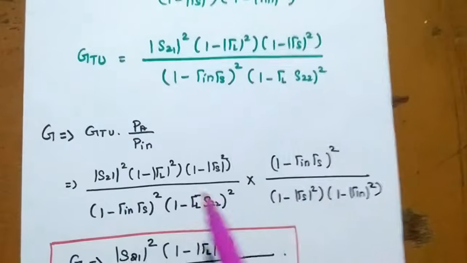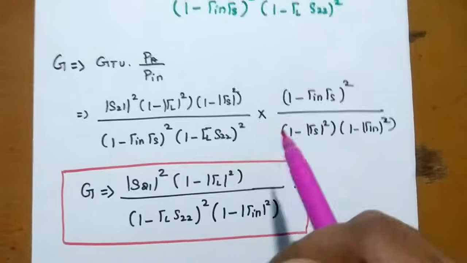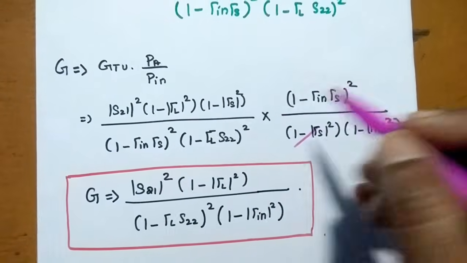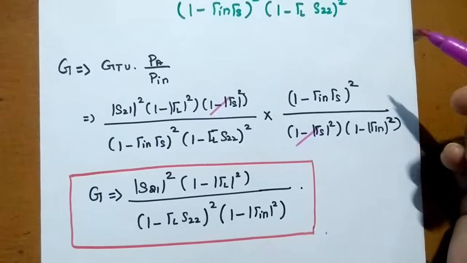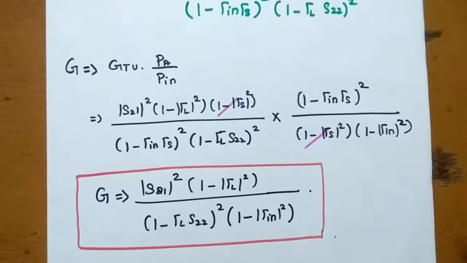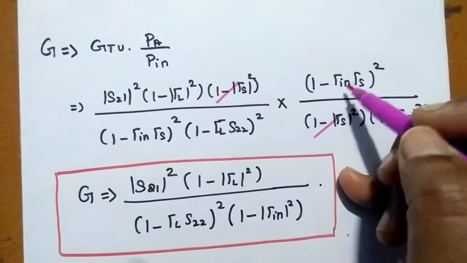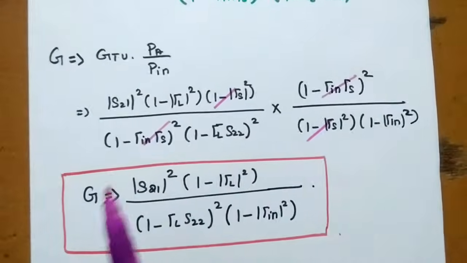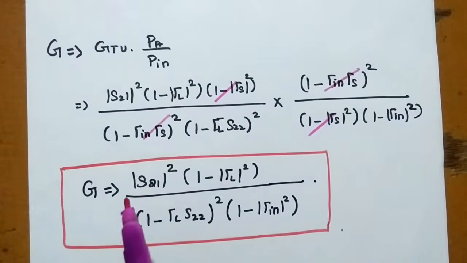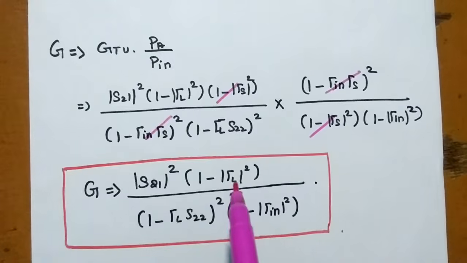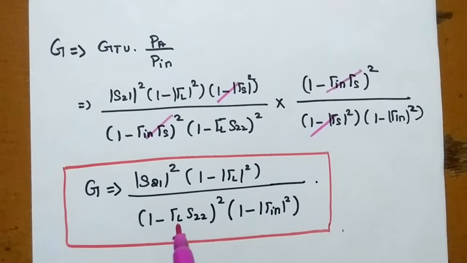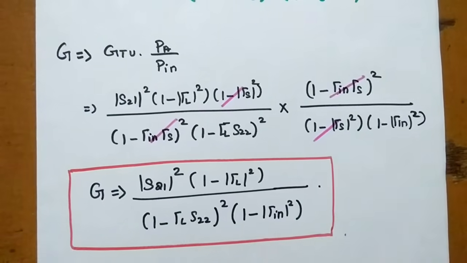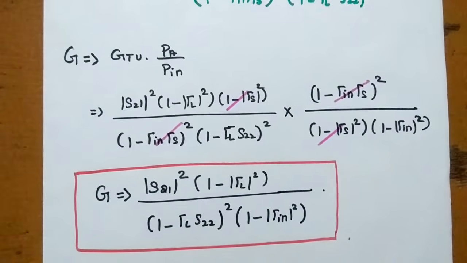Substituting these values here, we can cancel the terms (1 − |ΓS|²) and (1 − |ΓS|²), likewise this term, square and square. We can finally obtain the operating power gain equal to |S21|² (1 − |ΓL|²) divided by |1 − ΓL S22|² (1 − |Γin|²). So this is the final answer.